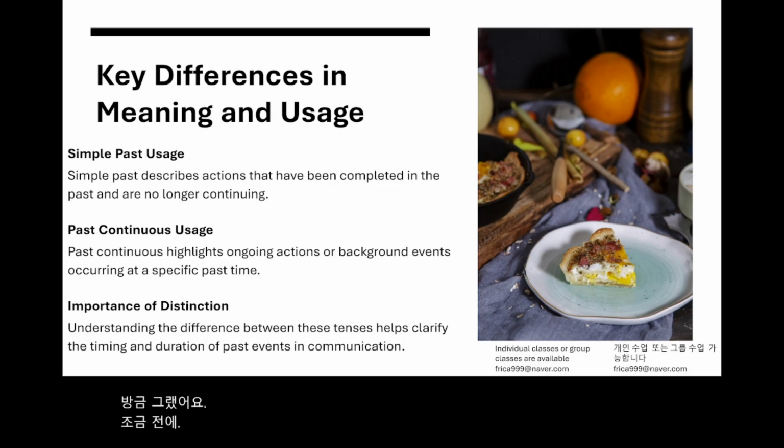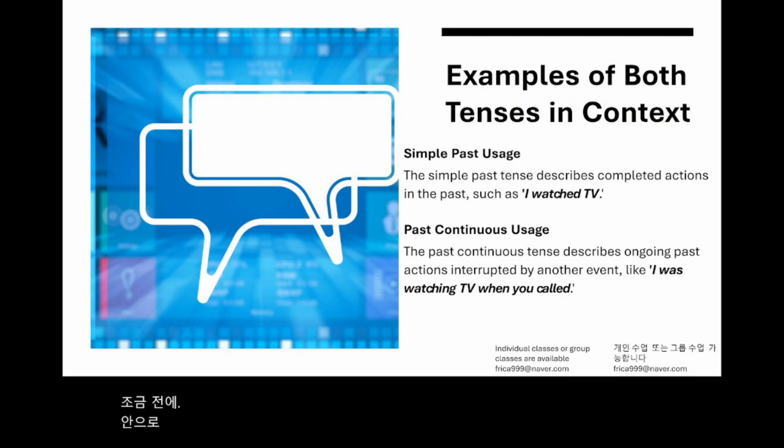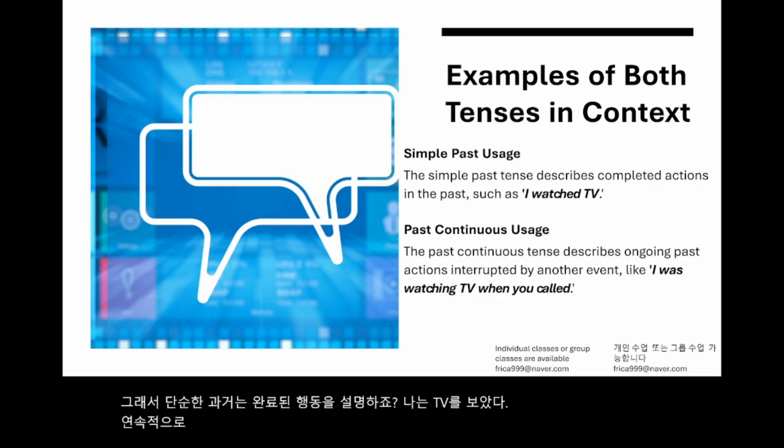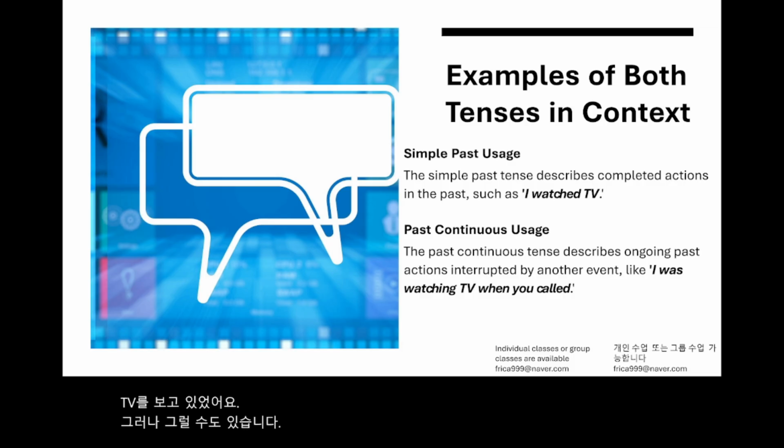All right, in context now. So, the simple past describes completed actions, right? I watched TV. Past continuous describes an ongoing action. I was watching TV. But it can also be when something interrupts it.